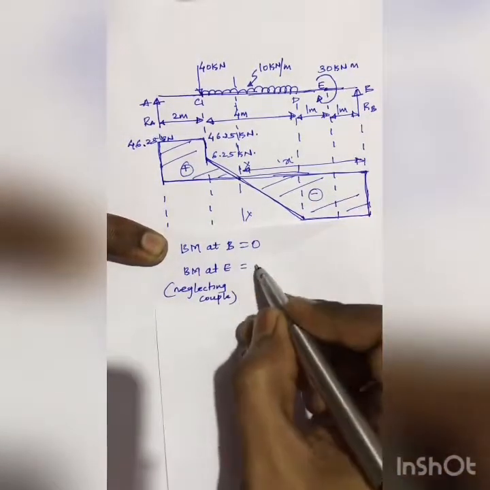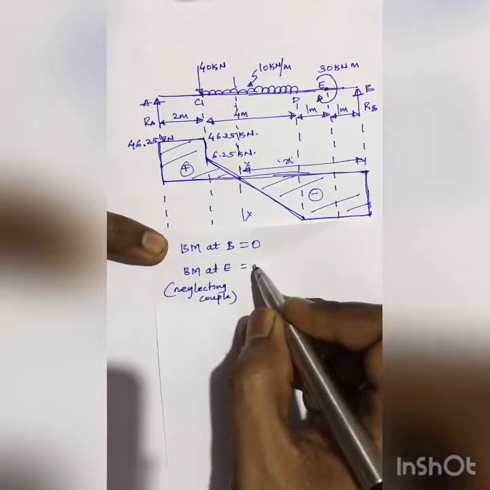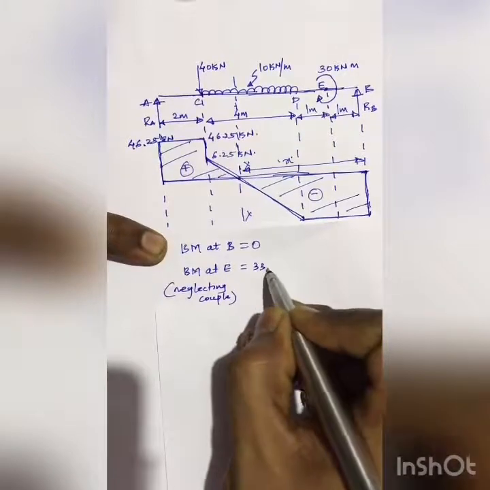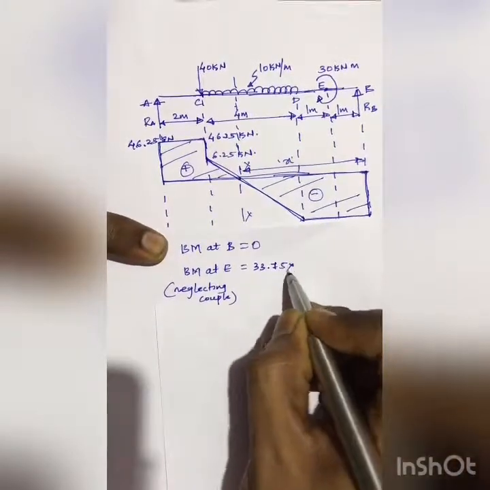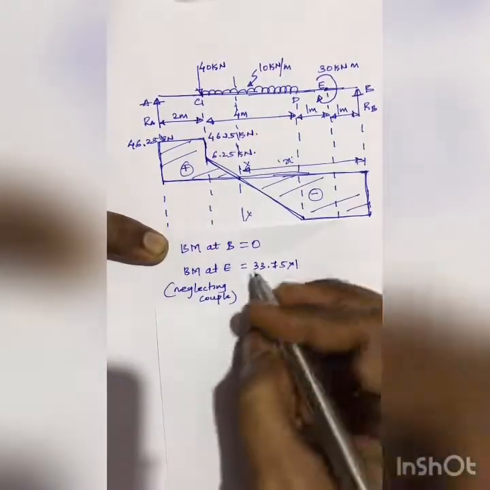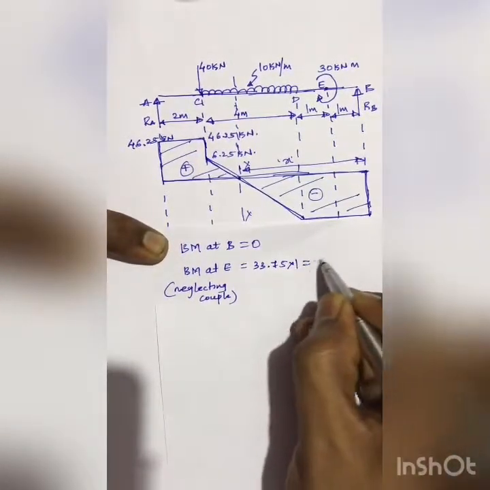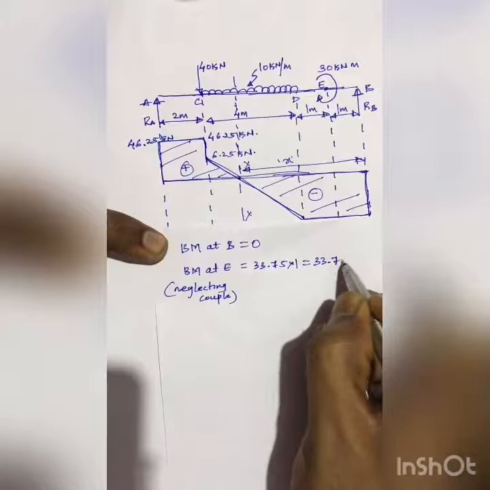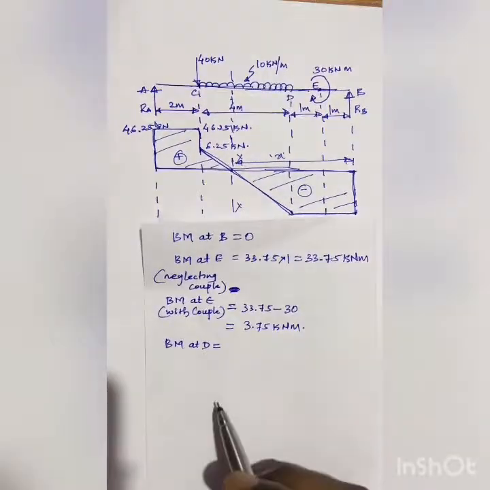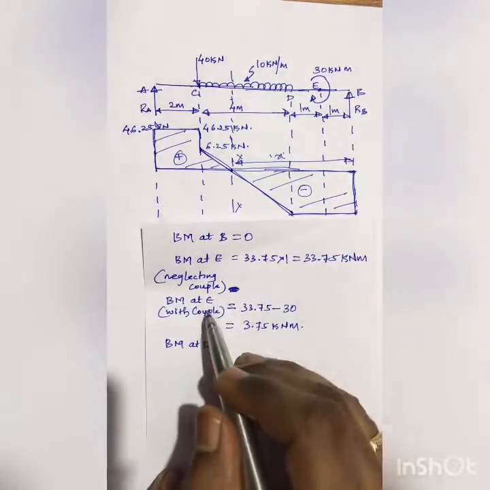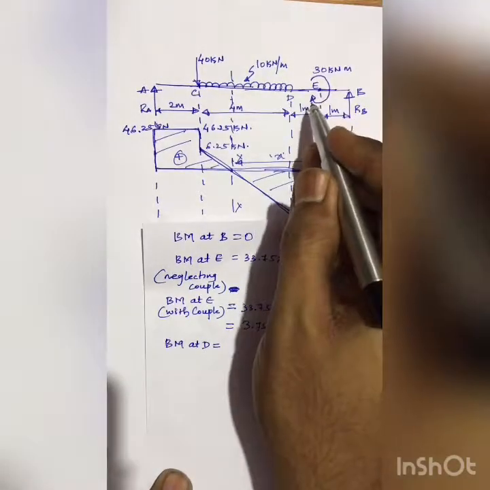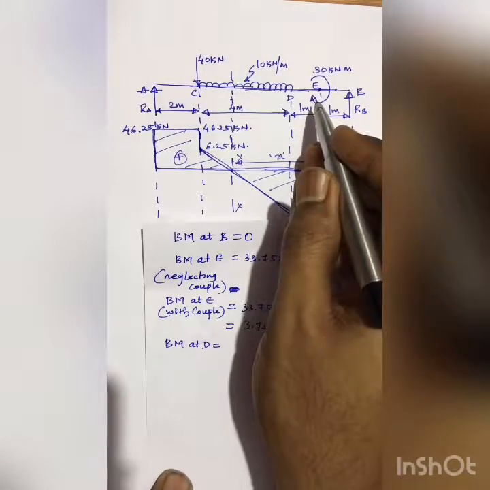I know the value of RB. So how much is it? RB is 33.75 into the distance from point E, it is 1 meter, so it becomes 33.75 kilonewton meter. Next we'll find out the bending moment at E with couple, that is I'll include this couple which is negative because it's acting in clockwise direction.